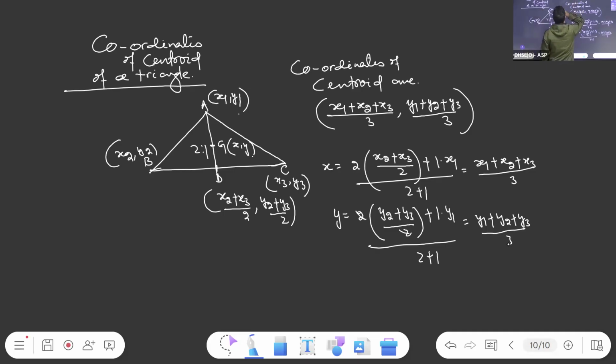Is it clear? Okay. Going to discuss a couple of questions on centroid. Question number 1.